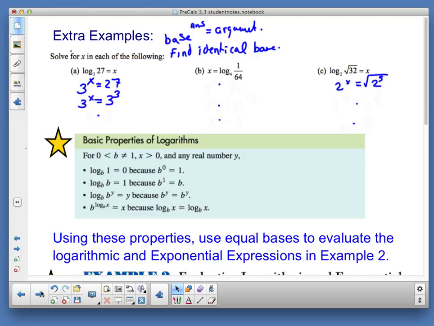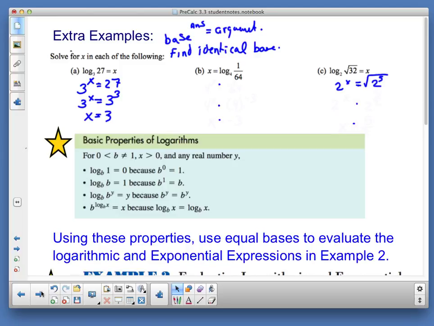Since the bases are the same, I'm really just concerned with solving my exponent, and my exponent just has to be 3. So I can set my exponents equal if I get like bases. I could have taken the log base 3 on both sides and it would have gotten x equals 3, but I'm just skipping that step and thinking about the base.